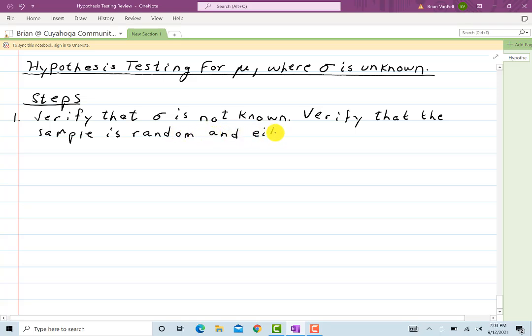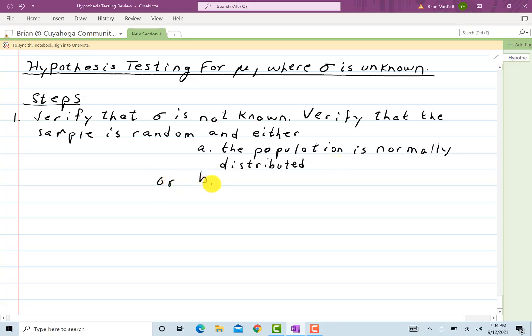and one or both of these are fine, and either, let's just say A, the population is normally distributed, or, so either one of these is fine, the sample size is greater than or equal to 30.